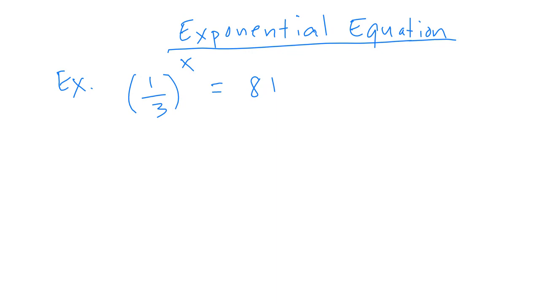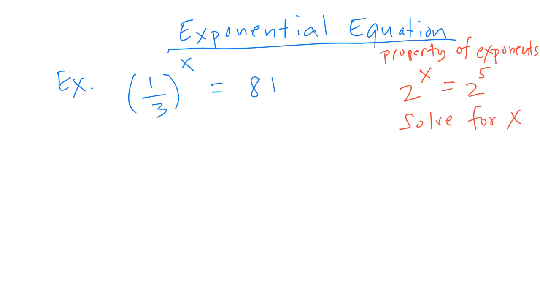So if you have something like 2 power of x is equal to 2 power of 5, then you're going to solve for x here. Then we know what x is here. So x is equal to 5.